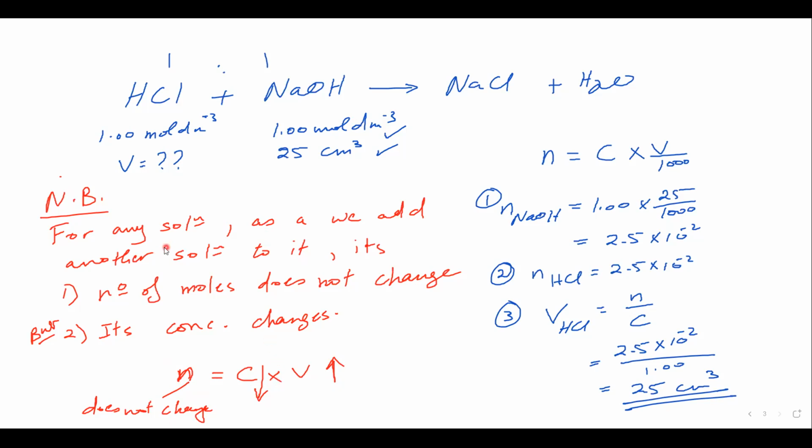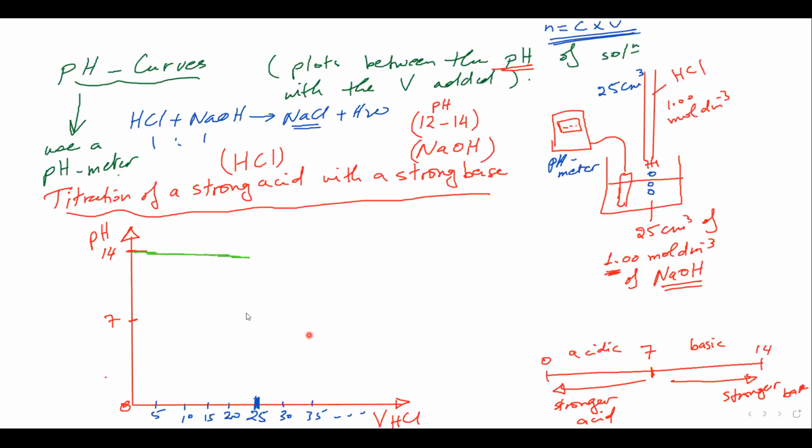So for any solution, its number of moles remains the same all the while, but what will change is the concentration, because as the volume changes, the concentration will also change. So here in the previous plot, we started with a pH of 14, because we are using sodium hydroxide of 1 mol per dm³, and then we add HCl. Whatever drops go down to the sodium hydroxide will react with it to form sodium chloride and water, which is neutral.